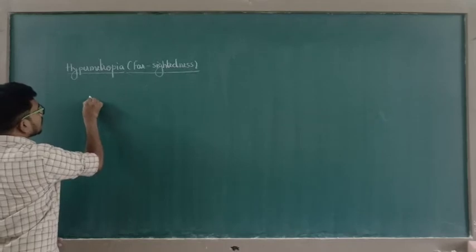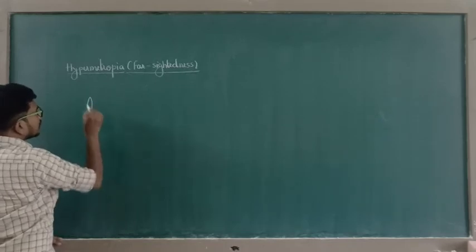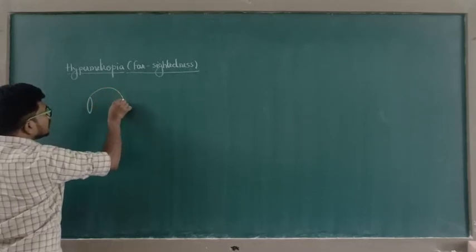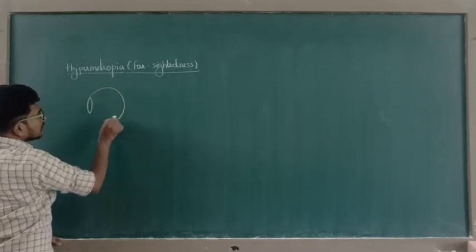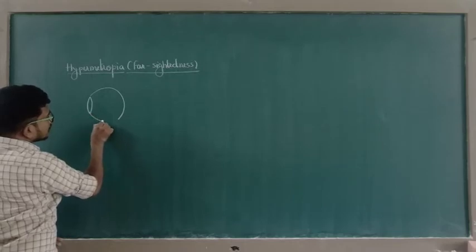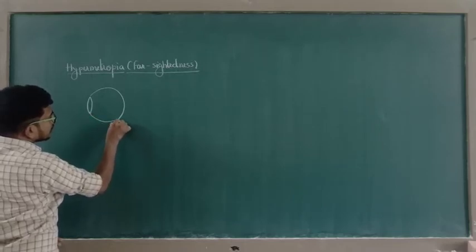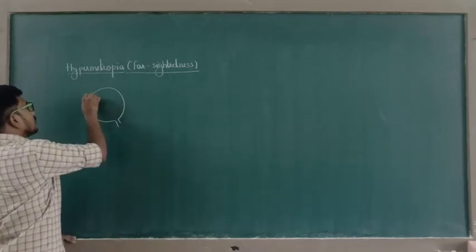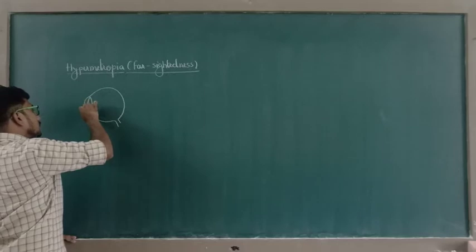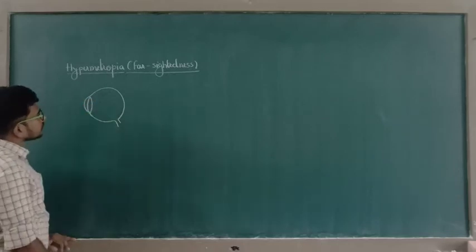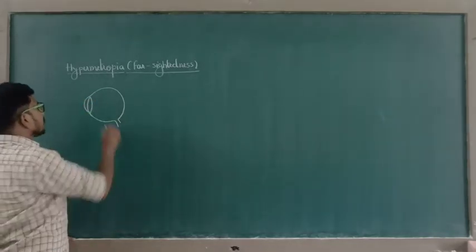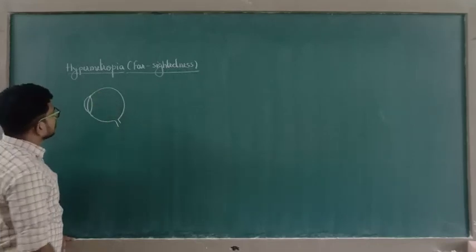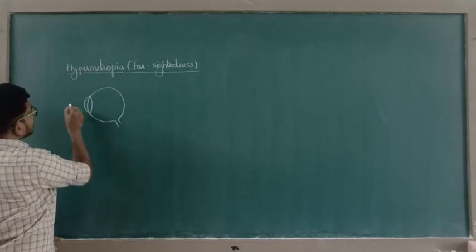Eye lens, sclerotic, cornea. Now the rays from the object. So let us consider two incident light rays.